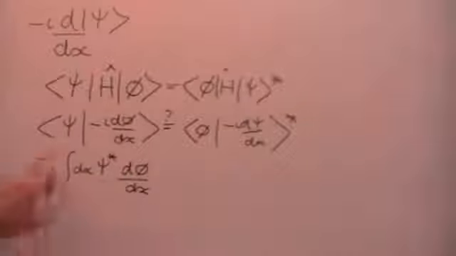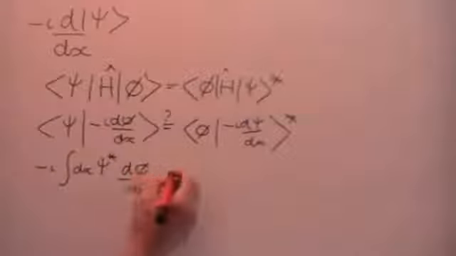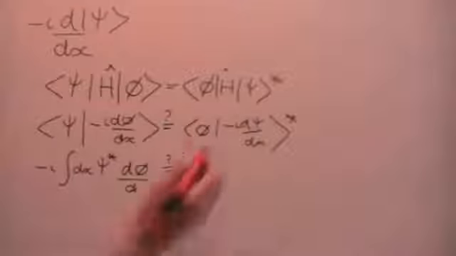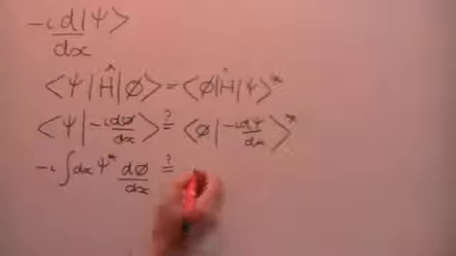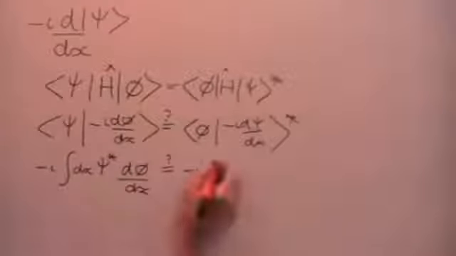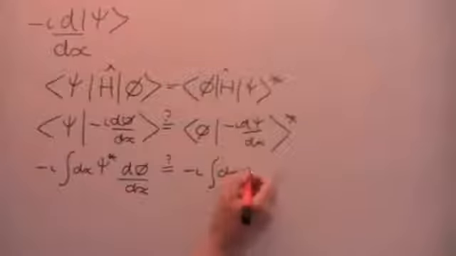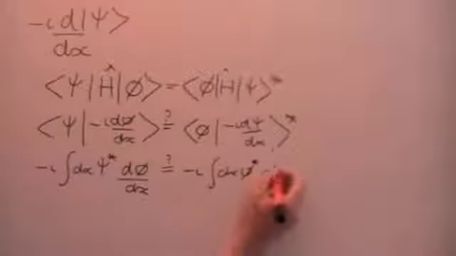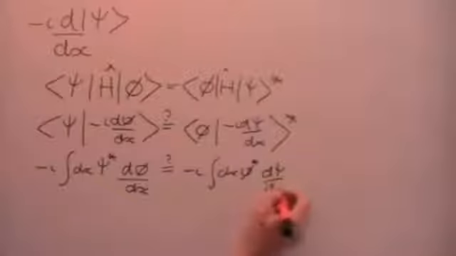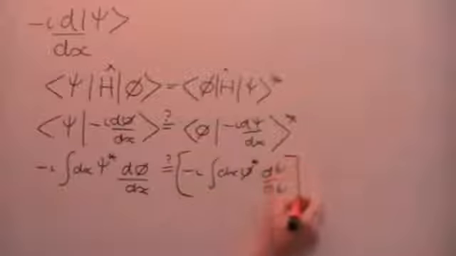Right, that was just the form of the inner product. And that's going to be equal, question mark, to take the minus i on the outside, minus i times the integral dx of phi star d psi by dx, all complex conjugated.